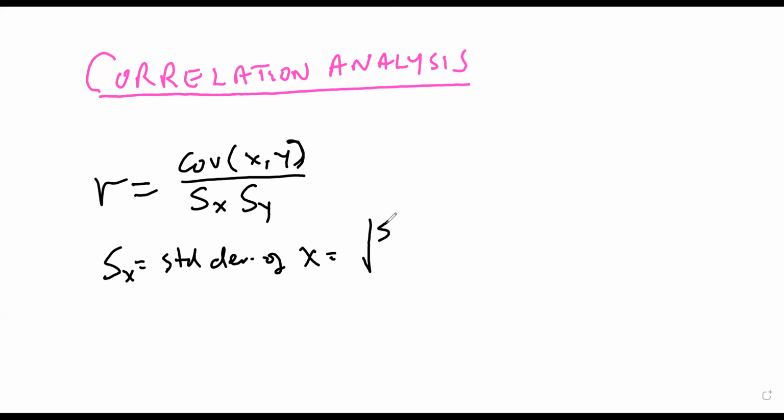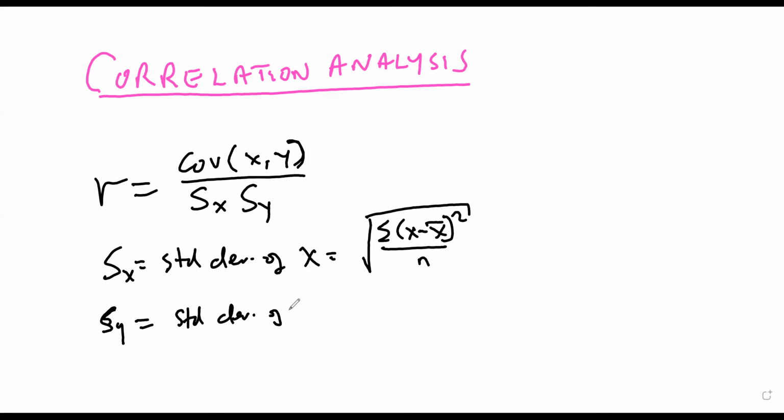So this is the same as the square root of summation of X minus X bar squared divided by N. And then S of Y is the standard deviation of the other variable, which is given by the square root of summation of Y minus Y bar squared over N.